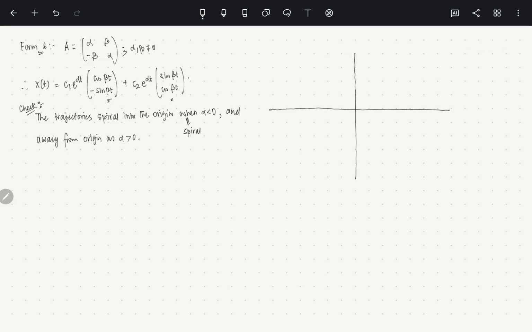You see everything is coming towards the origin, so it is a sink. And this particular situation is called a spiral source. Why? Because everything is moving away from it. The origin is the equilibrium, so it's basically a spiral source, moving away from the origin.